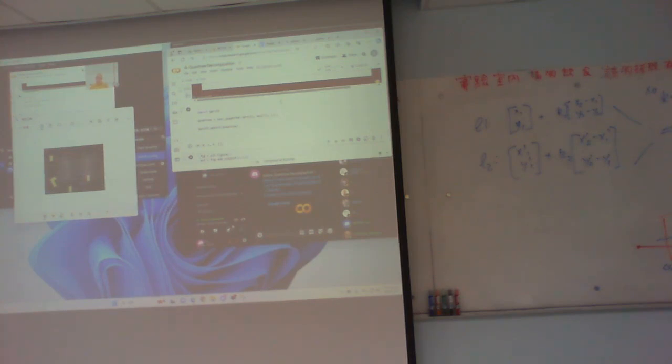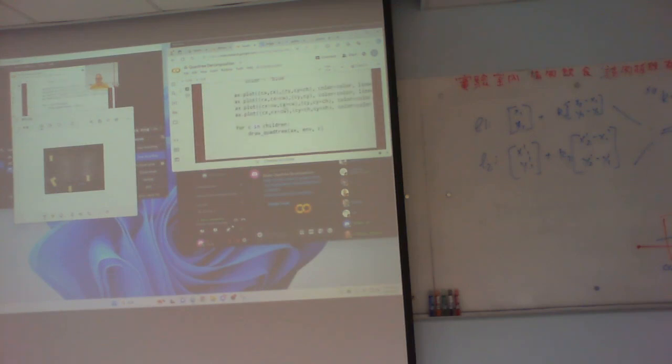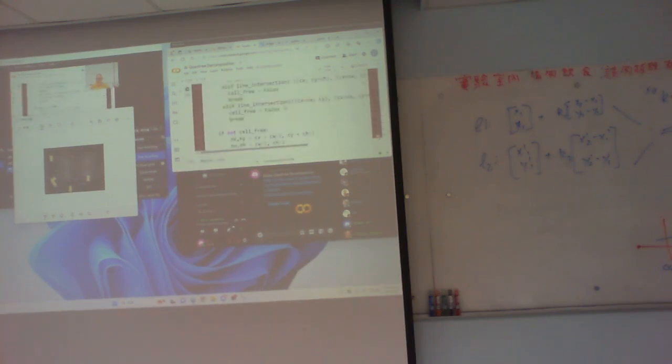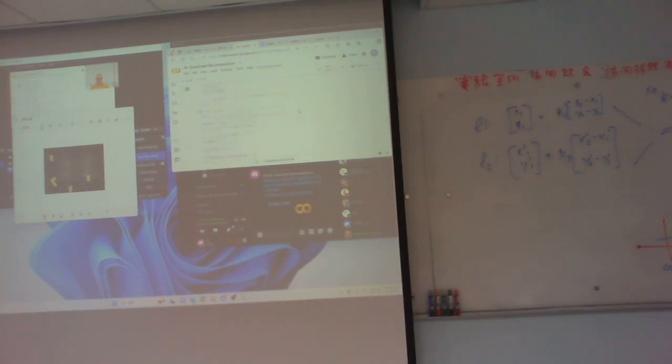So now let's put an obstacle, a line here. I'm not ready for the lines. The lines are X, Y, angle and length.